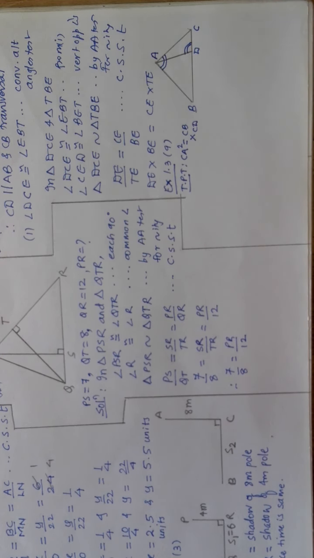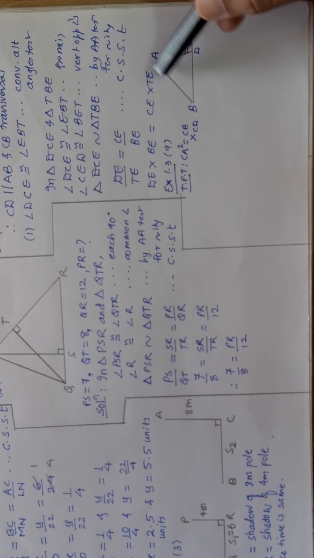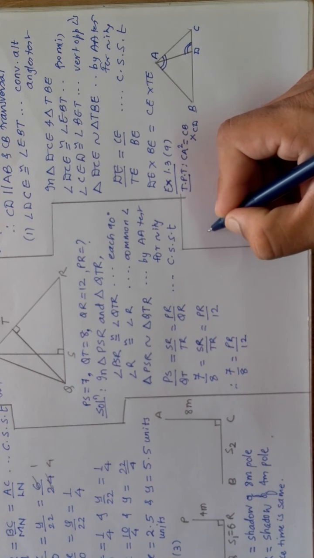In triangle ABC there is a point D on BC such that angle BAC will be congruent to angle ADC. And you are expected to show CA square is equal to CB into CD. I am not thinking of what and how to show.